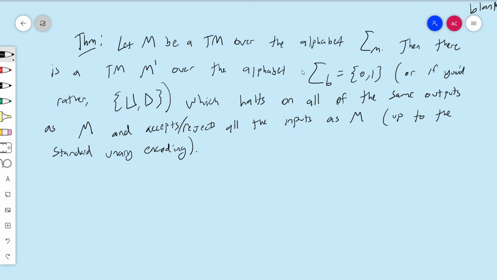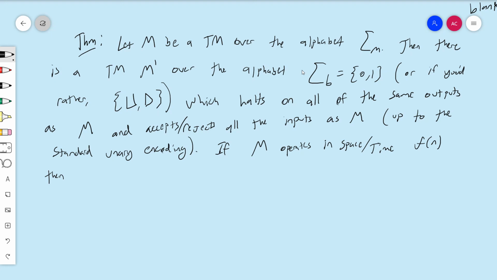And not only that, if M operates in space slash time f of n, or I should say O of f of n, well, I'll say f of n. And by the way, when I say this, I'm not saying that it operates in the same f of n for space and time.